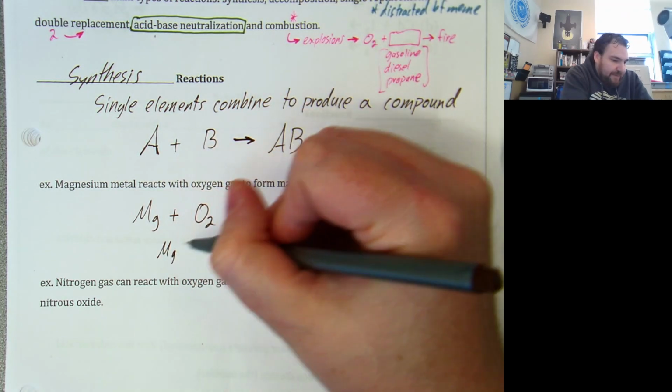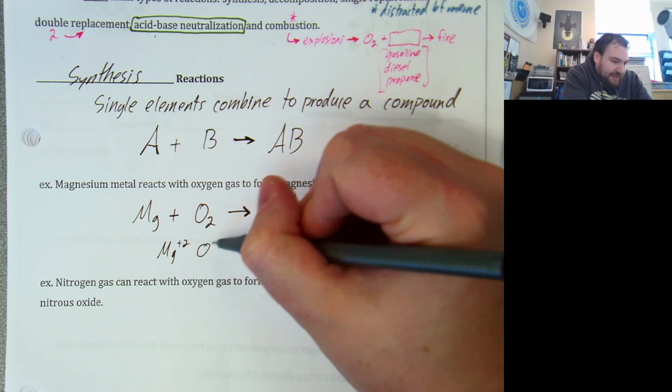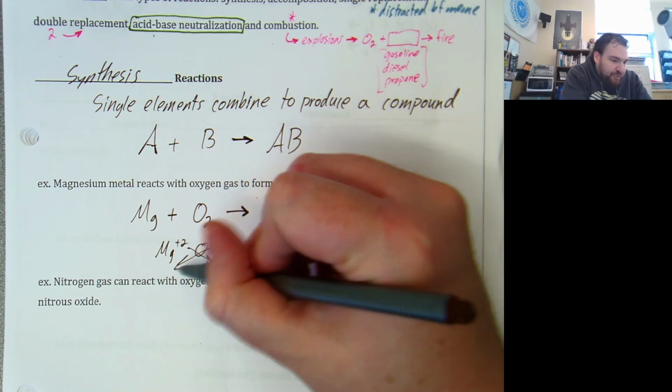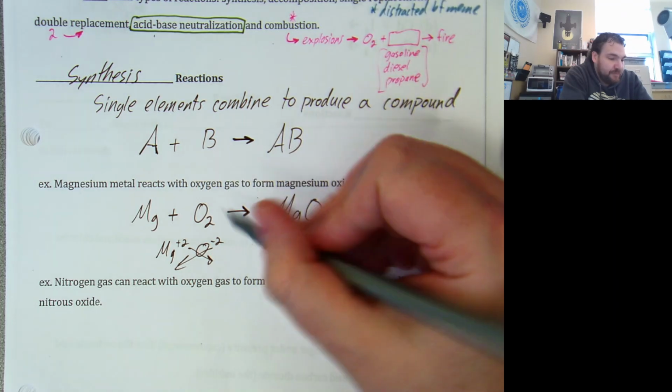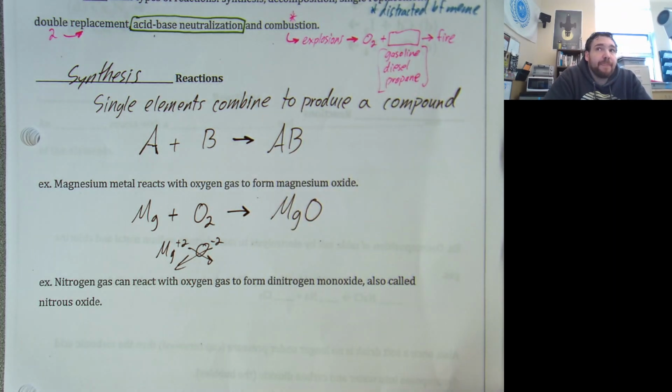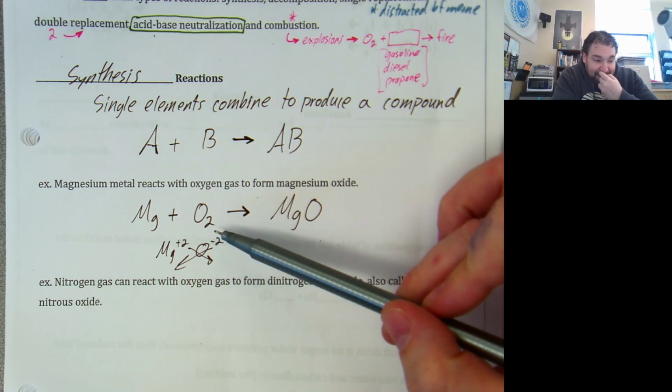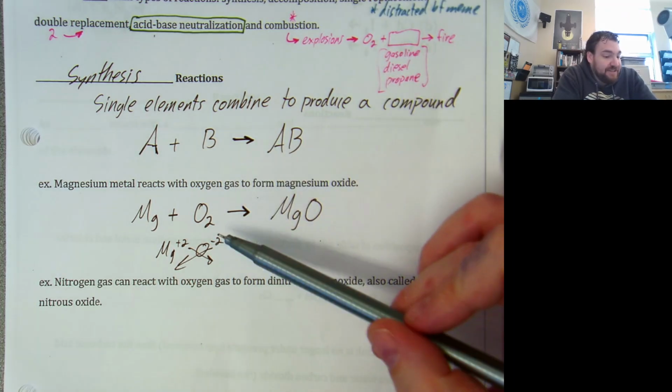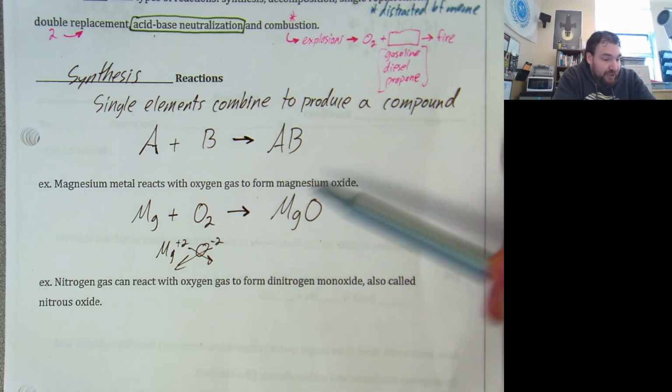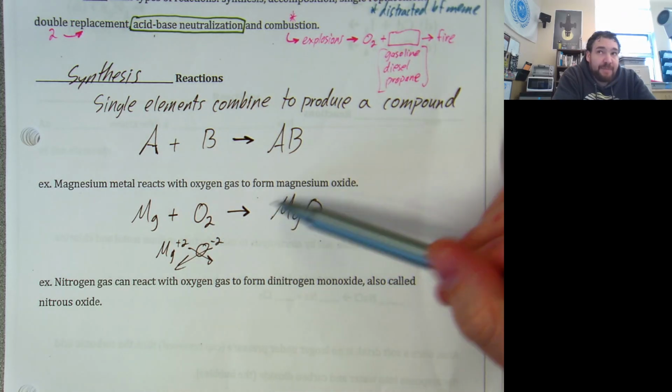We'd make it the same way we made things before. That's +2, that's -2. You swap and drop and reduce. You're going to get MgO. Now we could go ahead and balance this thing. Let's balance it. Why not? Because the 2 here is going to mess people up. To balance this thing, I need to balance the oxygens. What could I do over here to balance this reaction?